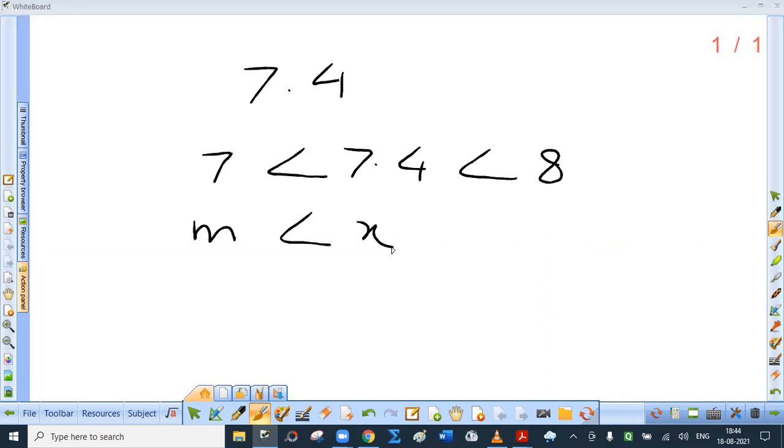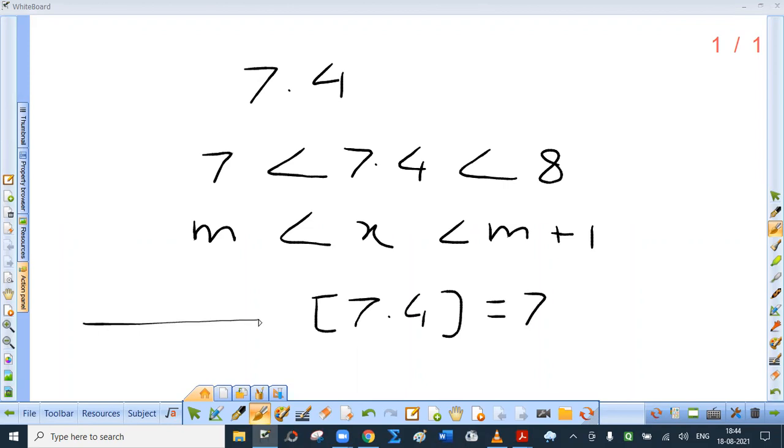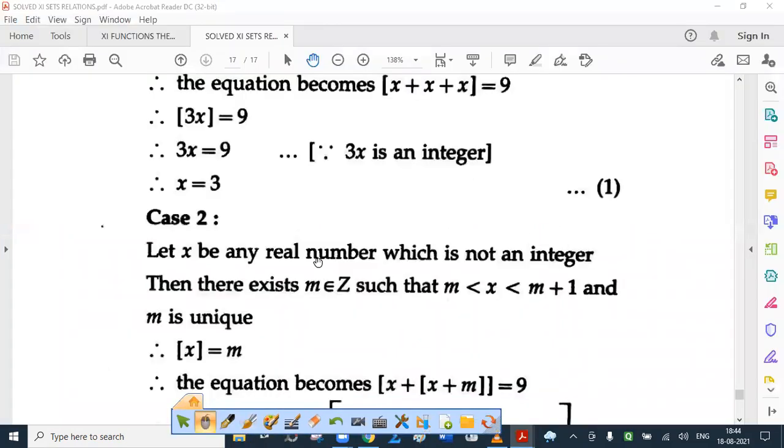So m less than x less than m plus 1. Now what is the greatest integer not greater than 7.4? 7. I have explained this at least 10 times. Nearest integer to the left, not to the right. So that is 7. But here instead of 7, you will notice that it is m. I hope you are getting this.